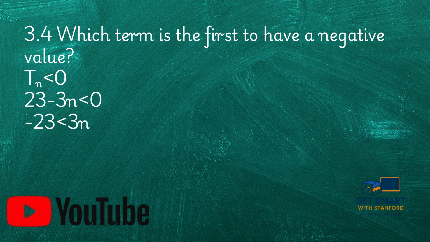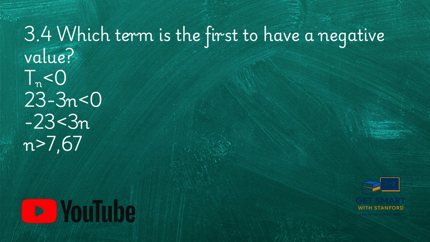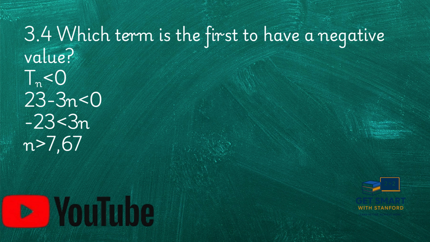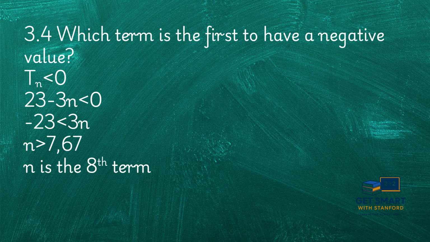We find n to be greater than 7.67 and we round that up to the nearest whole number, which is 8. Substitute 8 into the equation Tn equals 23 minus 3n, and substitute n with 8. The first term to have a negative value is minus 1.